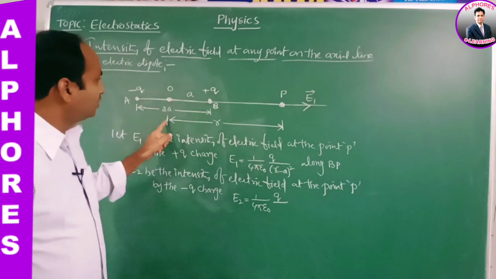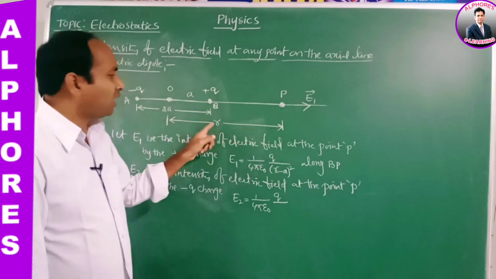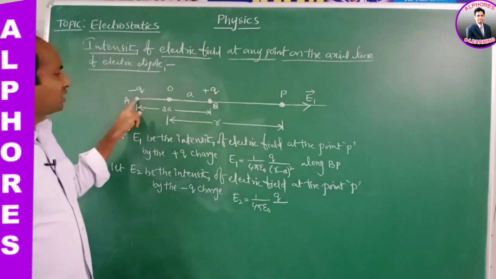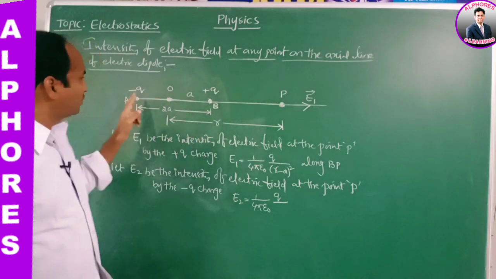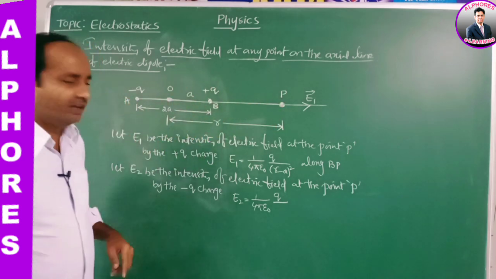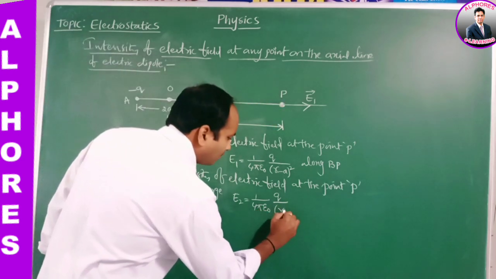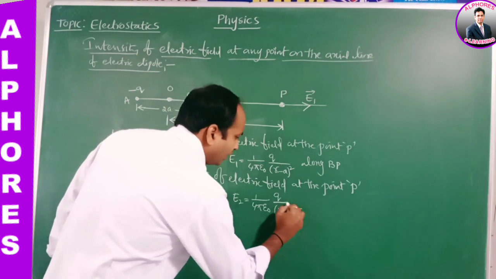From the center to the point P is r, and from the center to this charge is a. So the total distance of the point P from the negative charge is r plus a. So here you should write (r plus a) whole square.